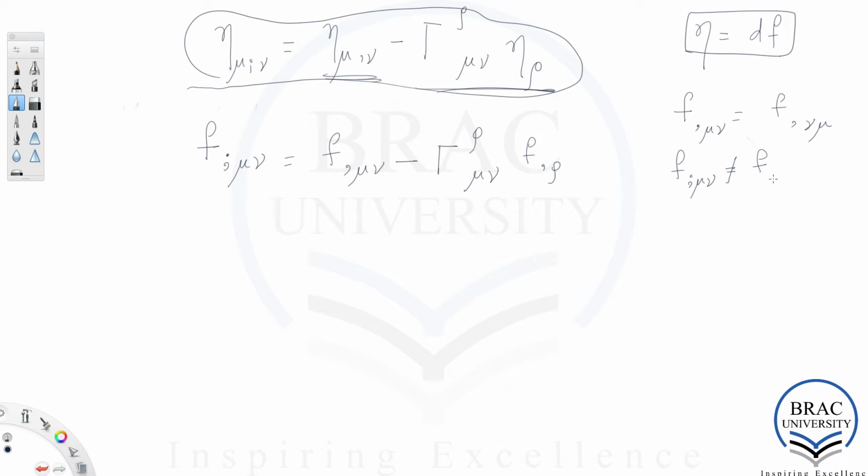In general, f semicolon mu nu is not equal to f semicolon nu mu. Because see that this is f semicolon mu nu, and f semicolon nu mu is going to be given by f comma nu mu minus gamma rho nu mu f comma rho.